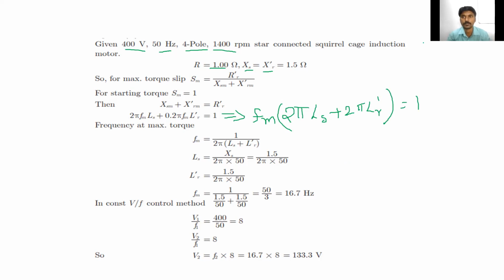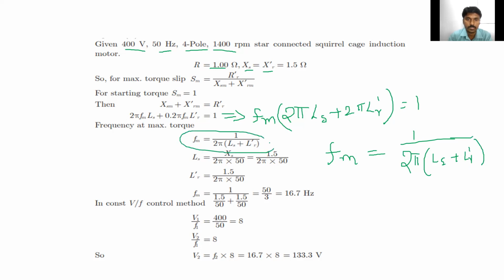So fm is equal to 1 by, taking 2 pi common, Ls plus Lr dash. That's why we have directly written this equation.